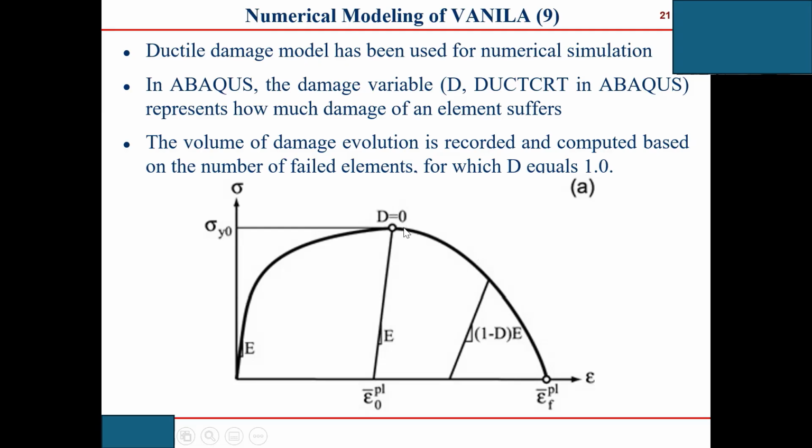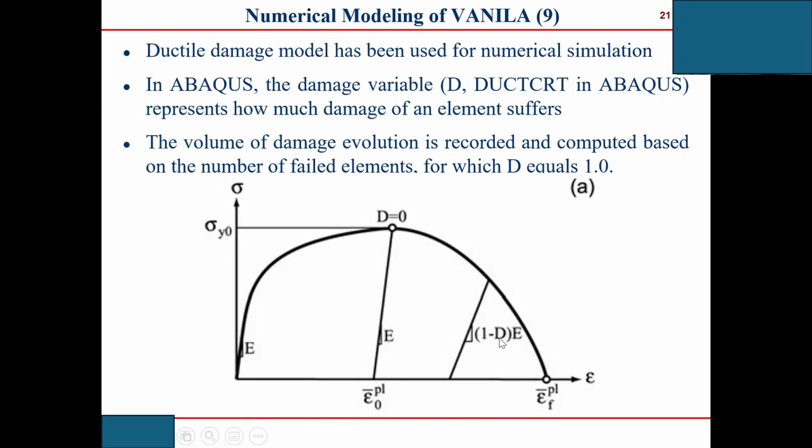However, if you go further, this is D at the very beginning, this is D0. D0 means that there is no damage. However, as the plastic strain increases from here, this damage value goes this way, this way, this way. And you can see the slope of the curve is also decreasing: 1 minus D times E. When D equals 1, the slope equals 0.